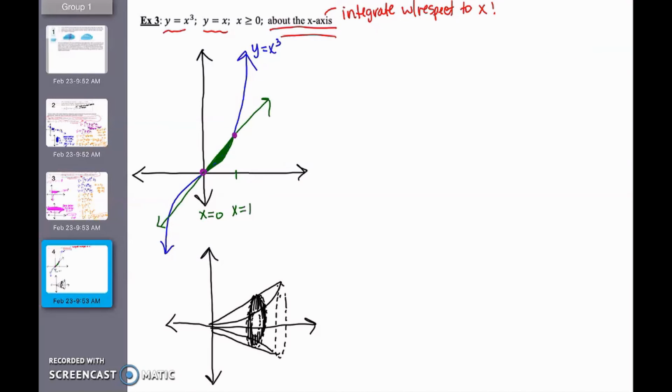It's not a disc, it's a washer because it's got a hole in it. So as we color that in a little bit better, you can see that washer taking shape that is created when we rotate this around our x-axis. And again, out here in our perimeter, we have a washer too.